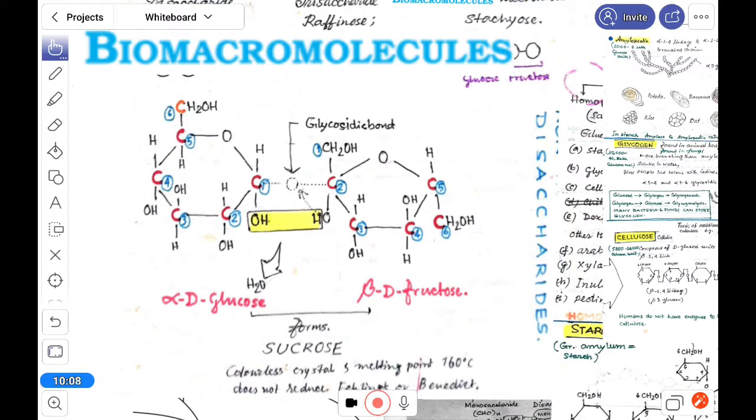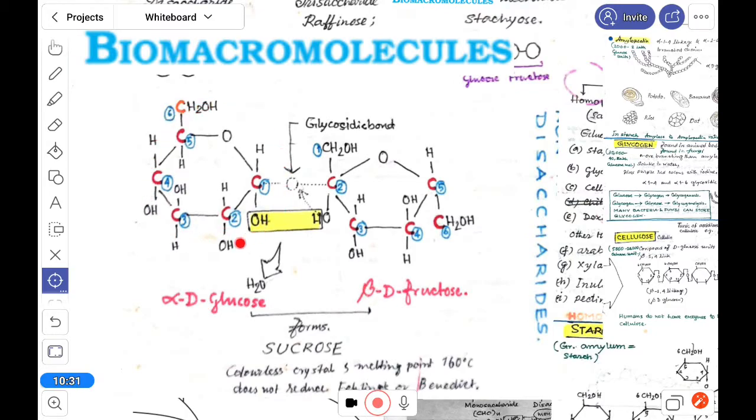Now a polysaccharide is formed by the joining of monosaccharides like glucose. So how is glucose joined? First comes the glycosidic bond. Here it is glucose. This is alpha D and beta D, I'll tell you afterward. First see this.